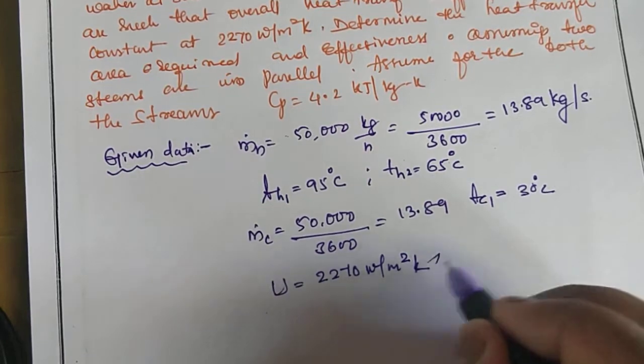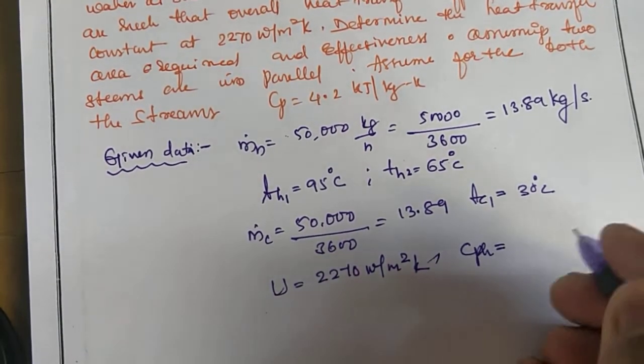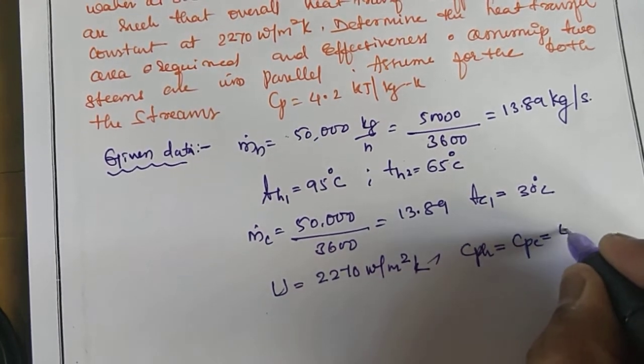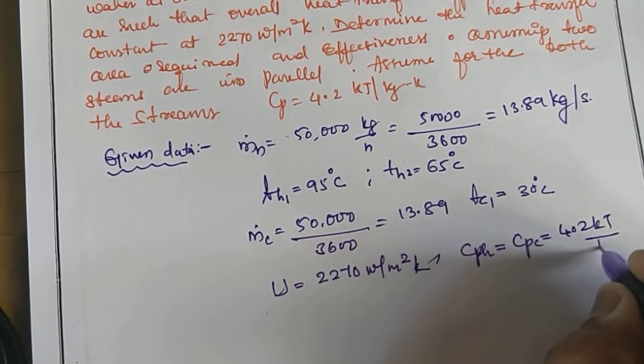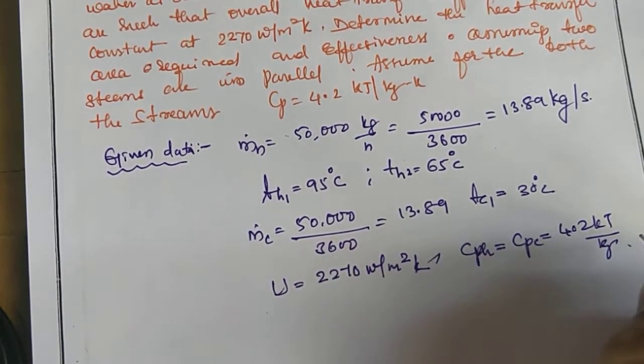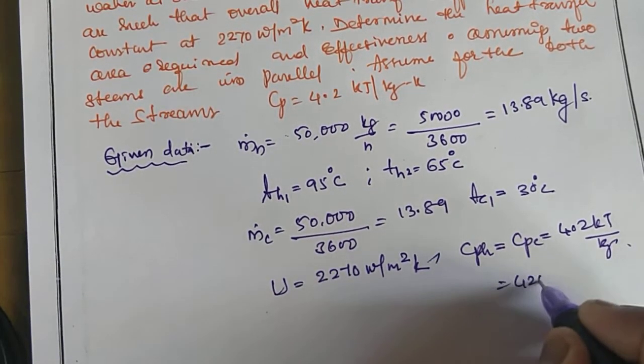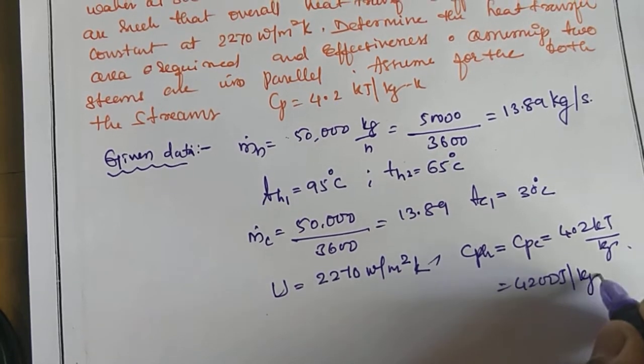Now the Cp of both streams is given, Cpc as well as Cph, that is 4 kilojoules per kg Kelvin, and we can also write this value as 4200 joules per kg Kelvin, right?